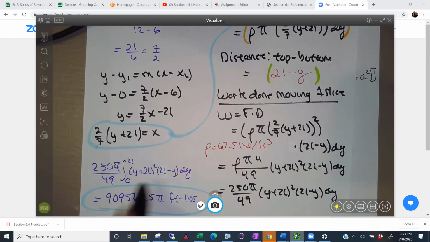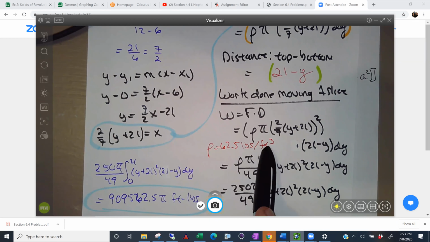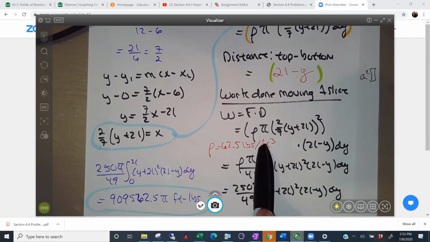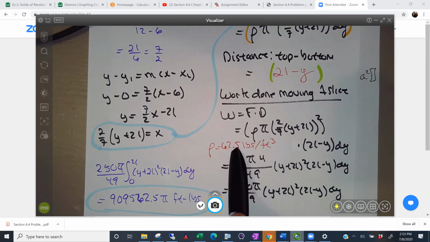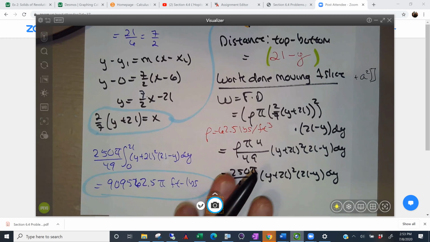But if you have feet to the fourth power in the numerator and feet to the third power in the denominator, these three are going to cancel with three from up in the numerator. It's going to leave you with one of them in the numerator, and then pounds is going to be left over as well. So you'd end up with feet in the numerator and pounds in the numerator, and that's what our answer is, foot-pounds.